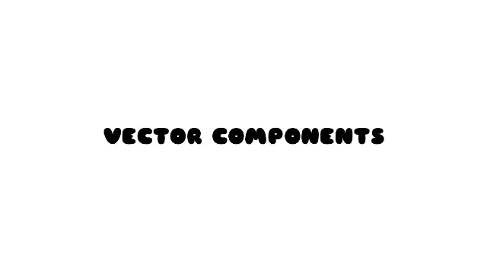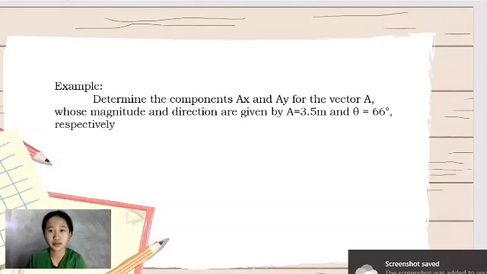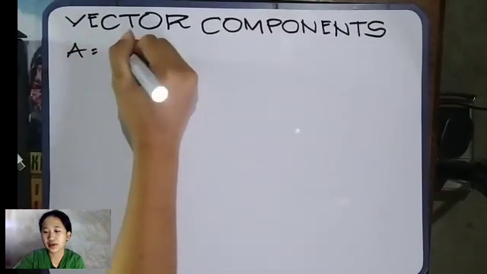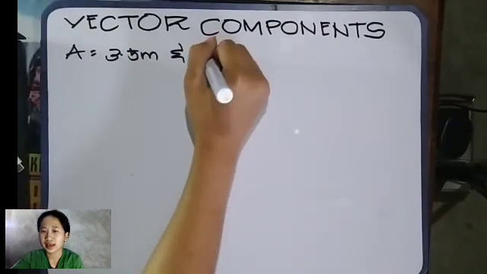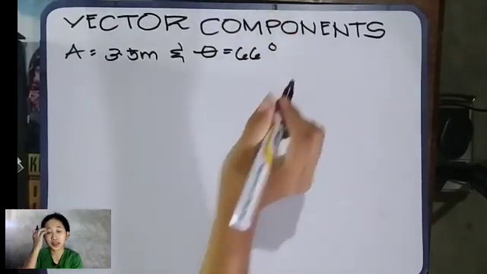We have vector components. Example number 1 is determine the components a sub x and a sub y for the vector a, whose magnitude and direction are given by a is equals to 3.5 meters, and theta is equals to 66 degrees respectively.